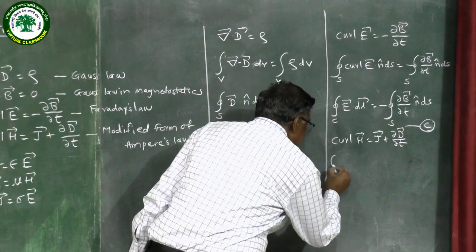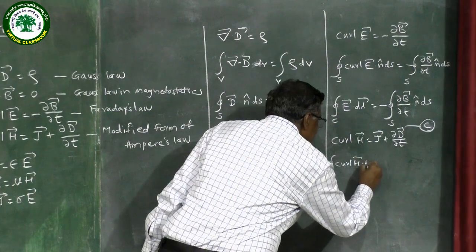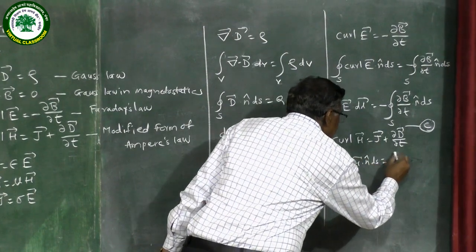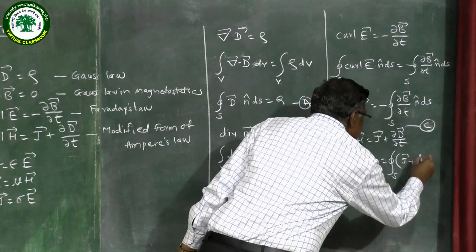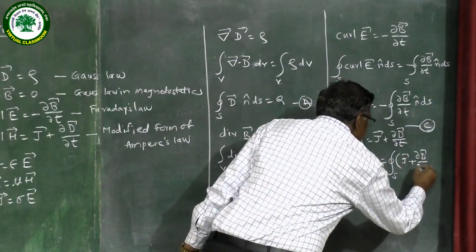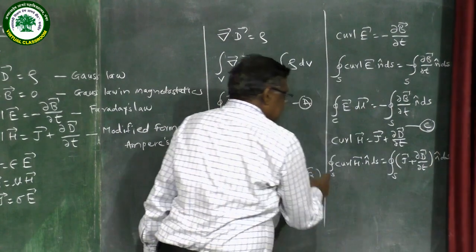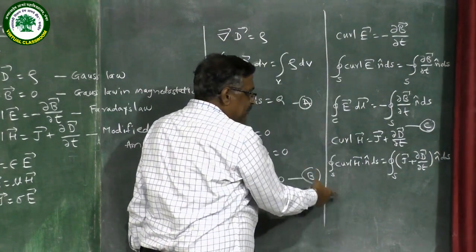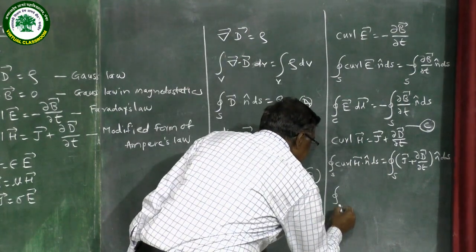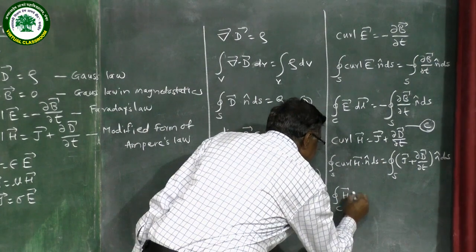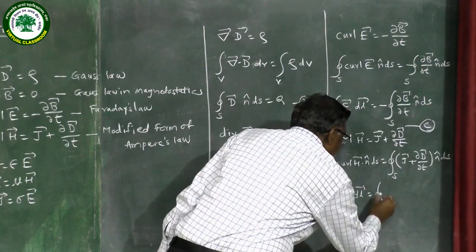So the equation is written as integral over S of curl of H dot n dS is equal to integral over S of vector J plus delta D upon delta T dot n dS. Then convert this surface integral into a line integral by using Stokes theorem. So the equation is written as integral over C of H dot dl is equal to integral over S.